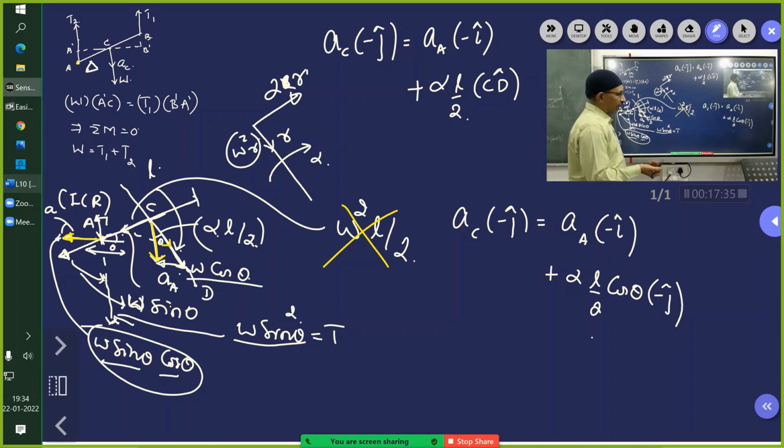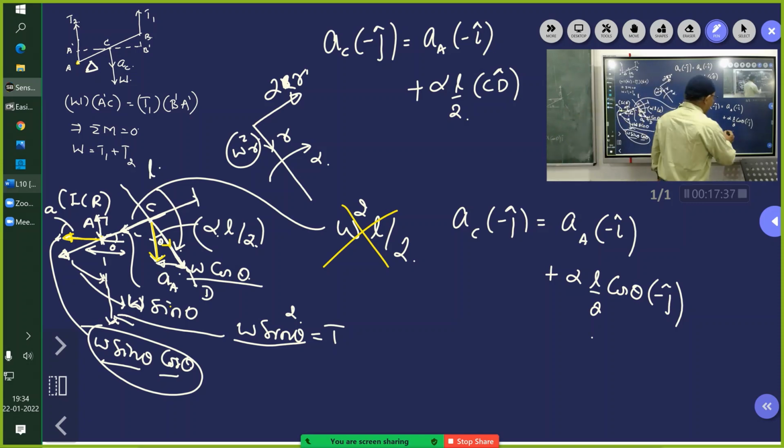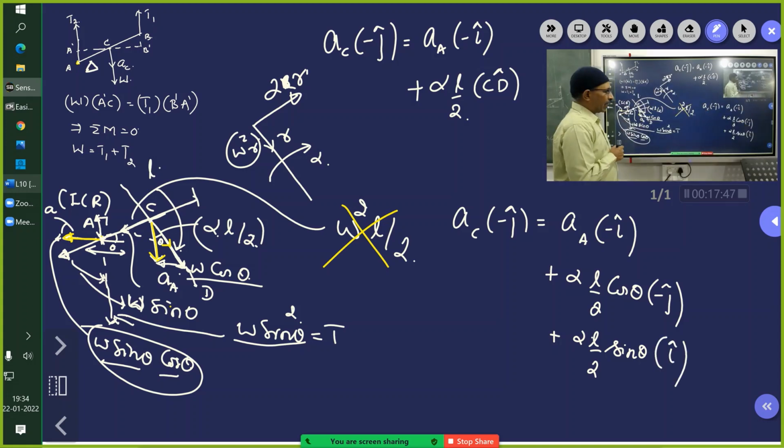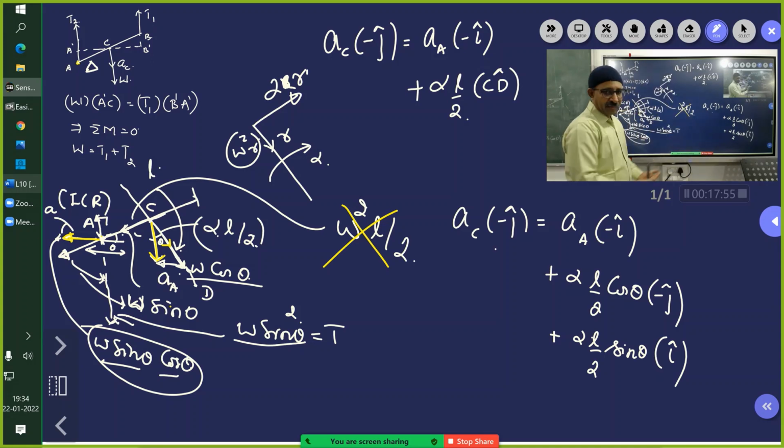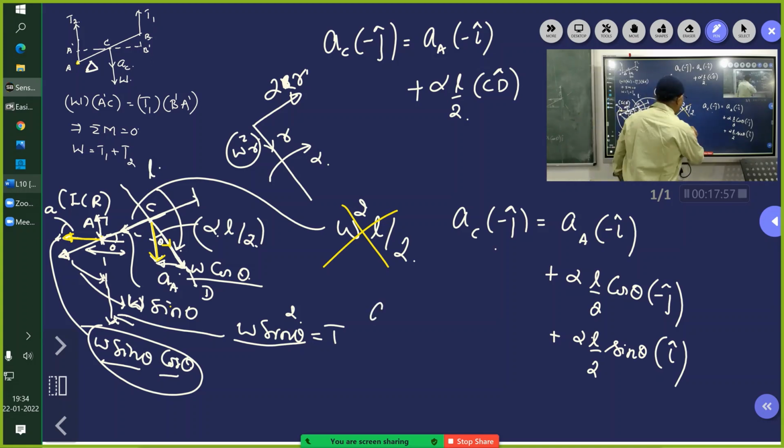The other vector is alpha L by 2 sin theta plus I cap. Now if I equate the J terms, I will straight away get AC equal to alpha L by 2 cos theta.